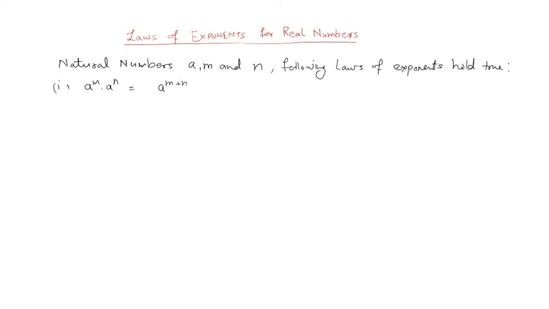Second one is a to the power m to the power n becomes a to the power m times n. Third one is a to the power m divided by a to the power n. It will become a to the power m minus n, where m is greater than n. Fourth, a to the power m times b to the power m, it will become a times b to the power m.